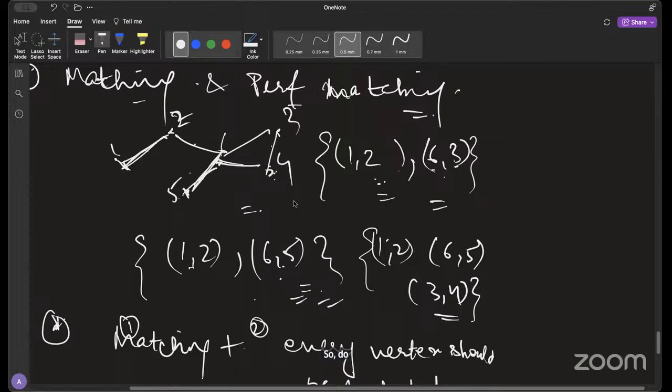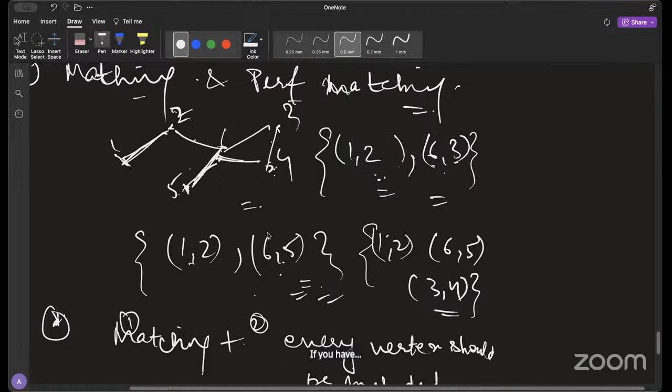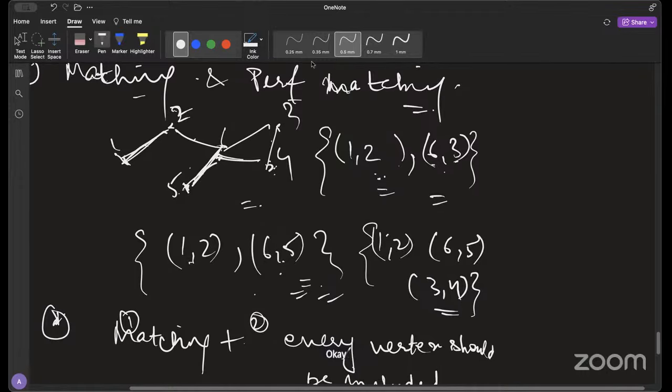Do I need to repeat what a matching and a perfect matching is, or is it already clear to everyone? Ma'am, a perfect matching is only possible if there's an even number of vertices, right? Yes, it depends on vertices, not edges. But if you have an even number of vertices, you can't be sure you will have a perfect matching.